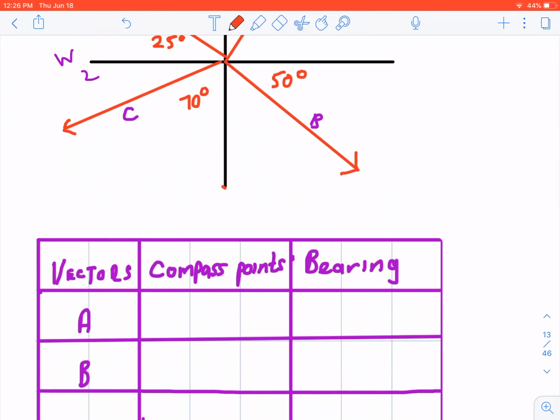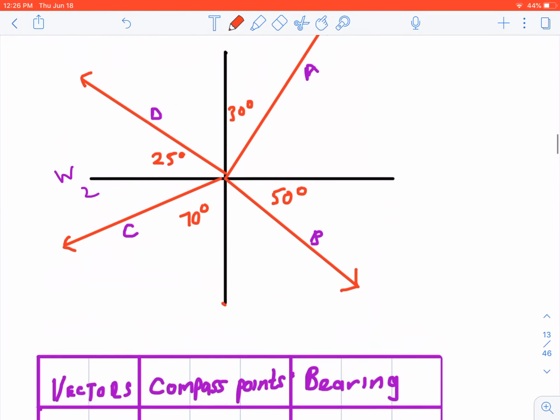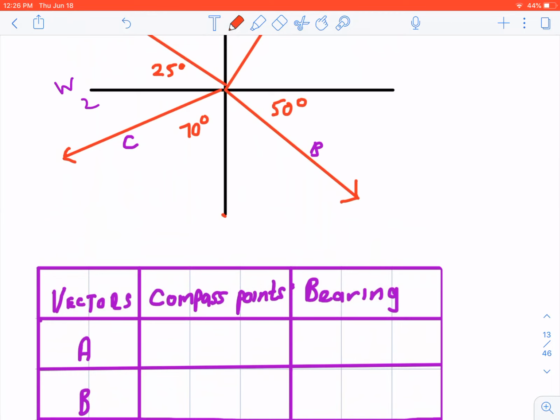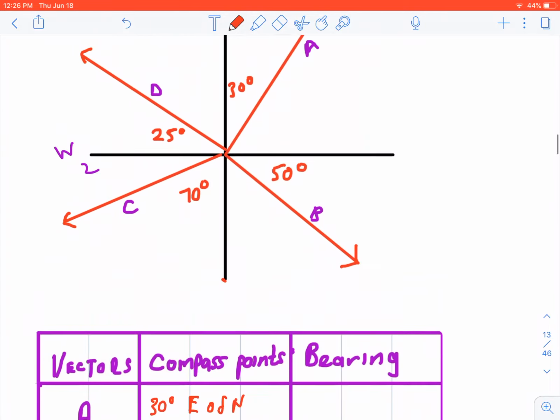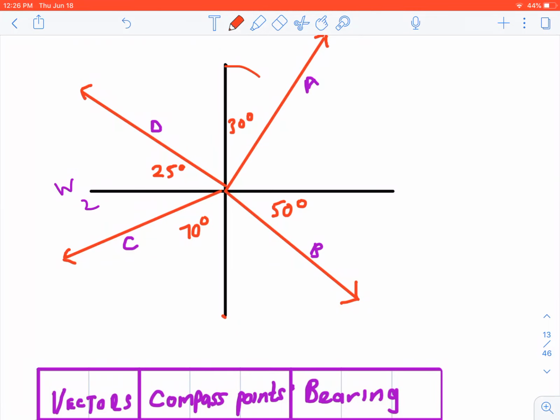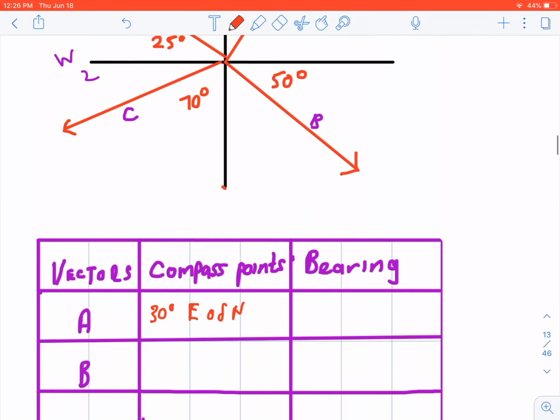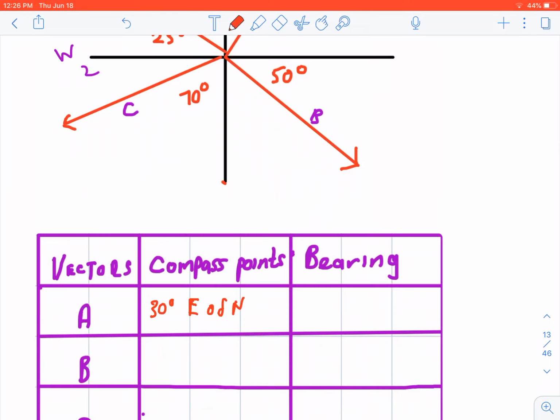So if we look at A, that would be 30 degrees east of north. And what would its bearing be? We can say on a bearing of 30 degrees.